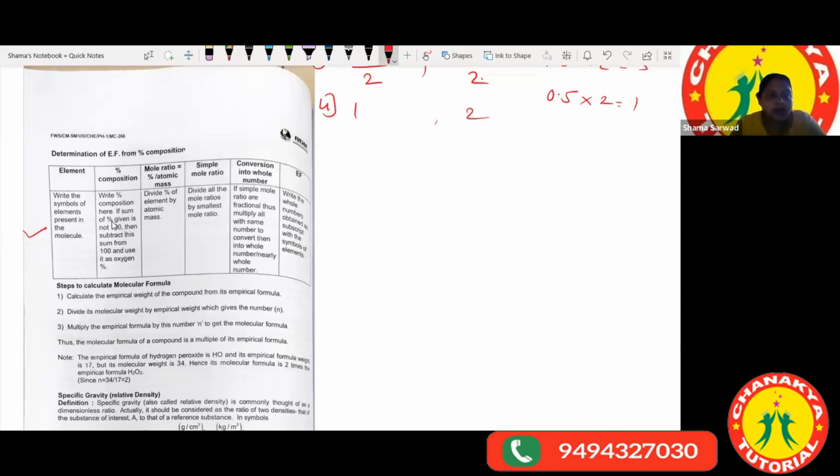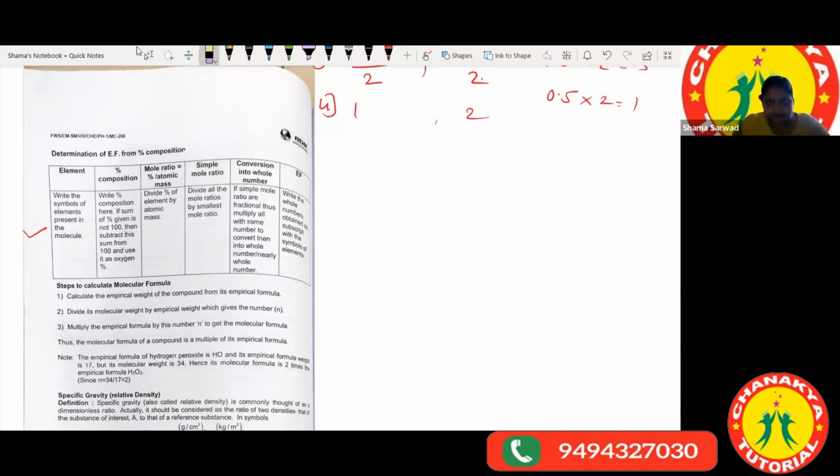Because most organic compounds will not show the presence of oxygen. You have to assume it. Sometimes it may be present, sometimes not. Suppose they give you the sum of percentages of the different atoms present in the molecule, but it does not add up to 100%. Then you have to subtract all the values from 100 and take it as the percentage of oxygen.